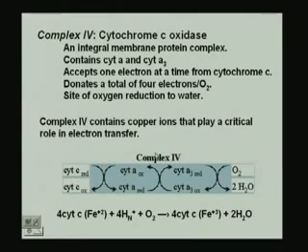Then we have complex 4, that is again cytochrome C, and in this case what happens? A total of 4 electrons go to oxygen, and this is the site of oxygen reduction to water. Okay?